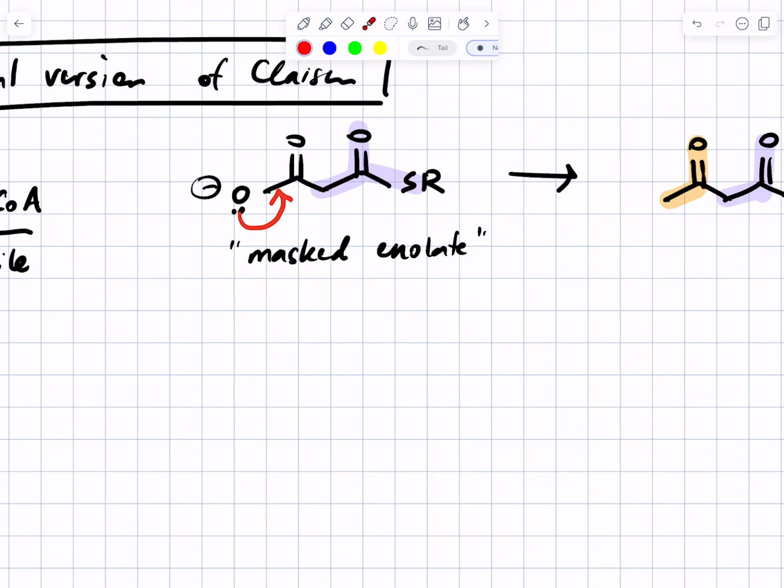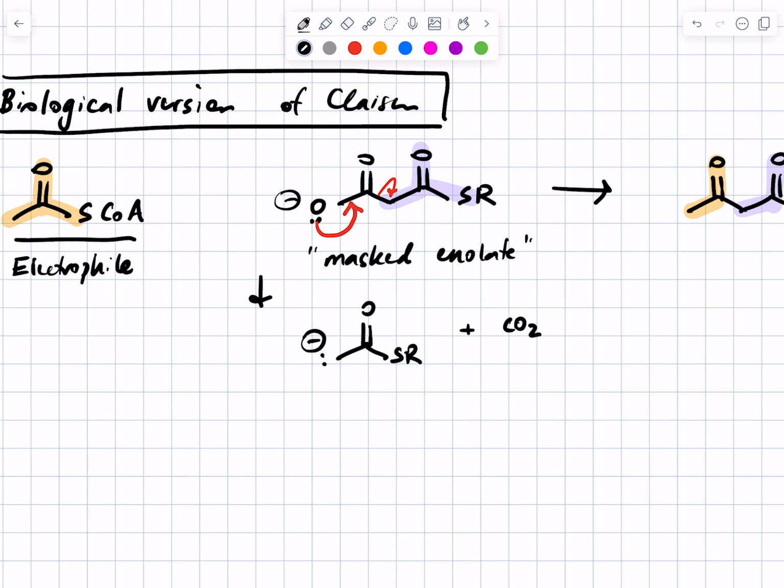So I said the first arrow was that this oxygen is going to kick down and electrons are going to go onto the alpha carbon of the enolate to generate the purple thioester enolate, and we lost CO2 in that process.